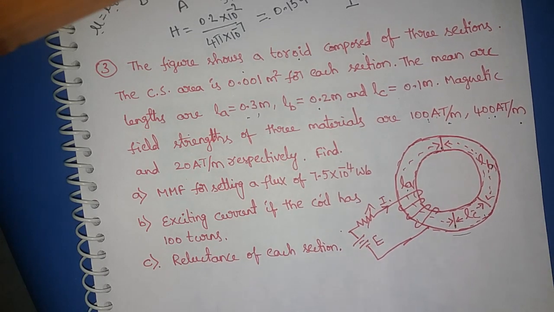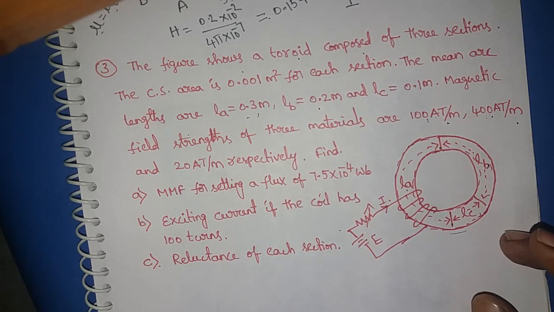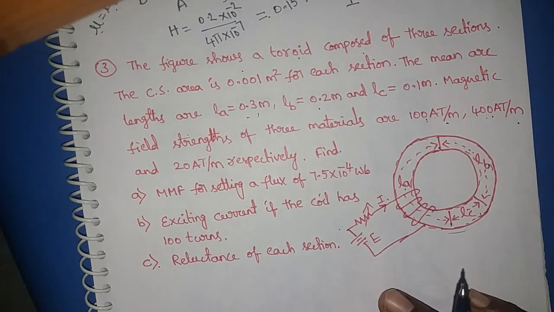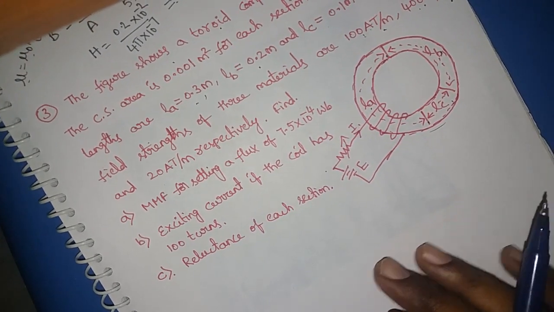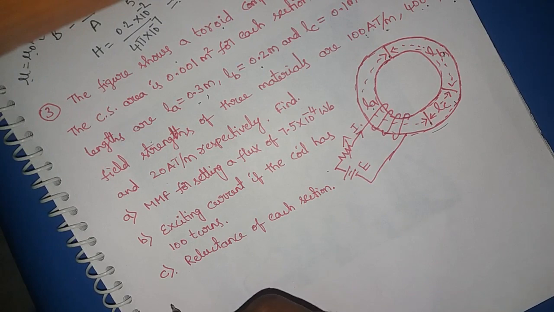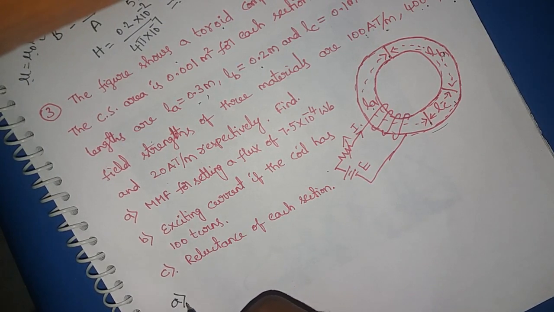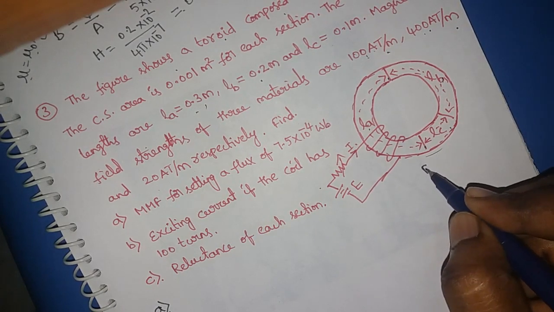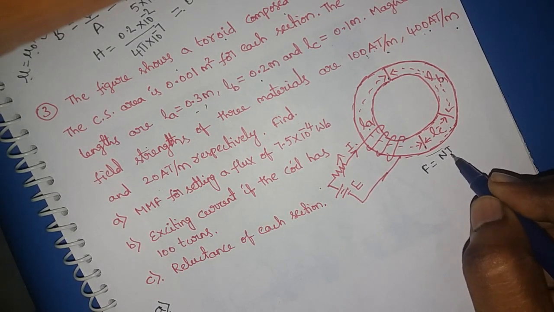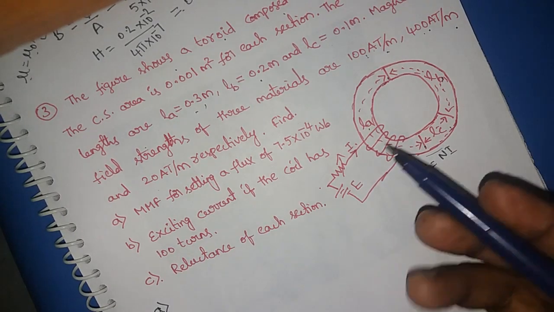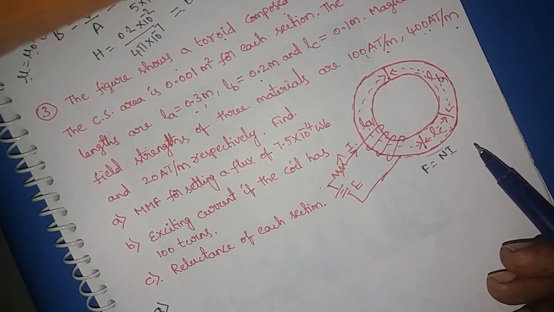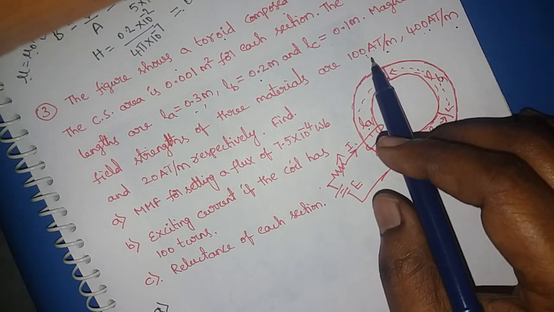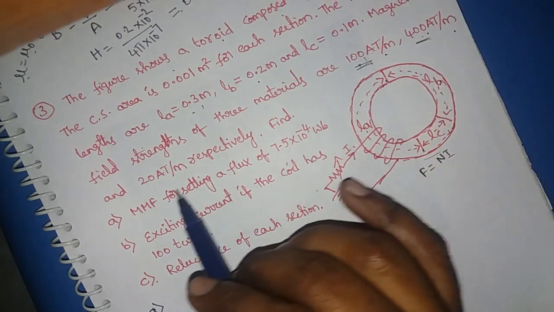How do we find this value? It is very important. Okay, so let us solve this problem. The first one is, what is MMF? We know that MMF, F is equal to Ni. But here we don't know N and I. He has given a clue: the value of H of each section.